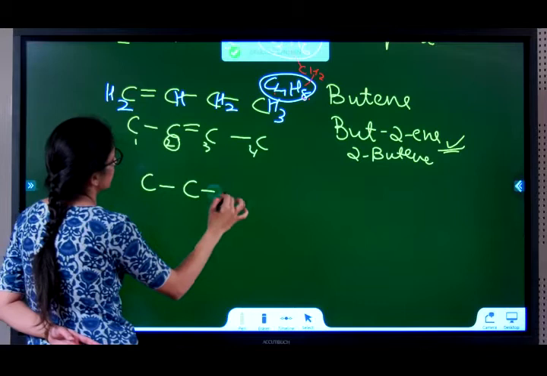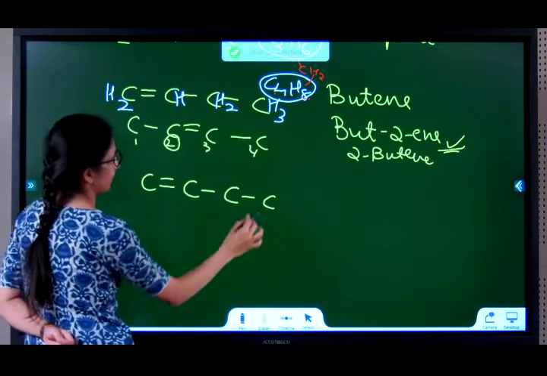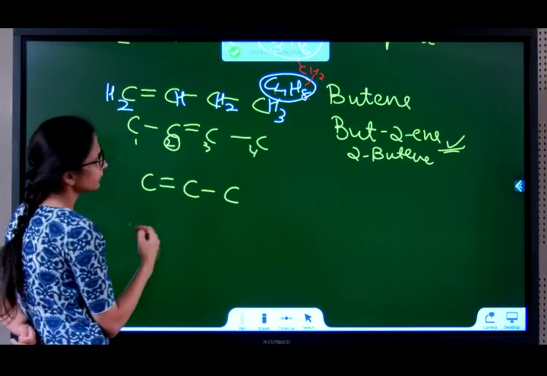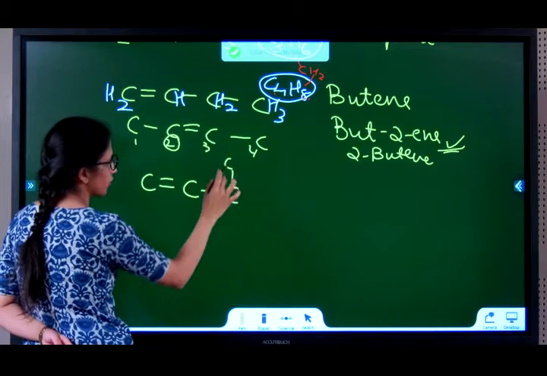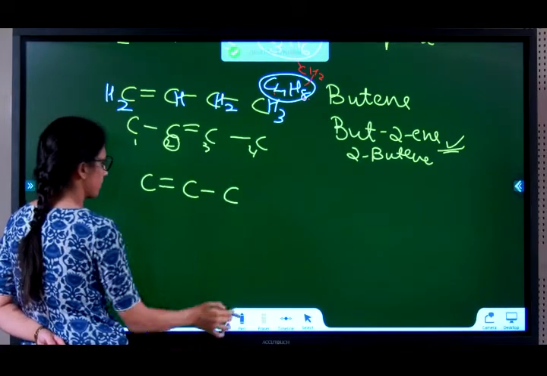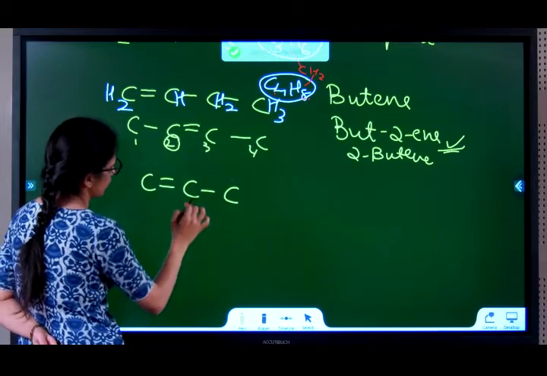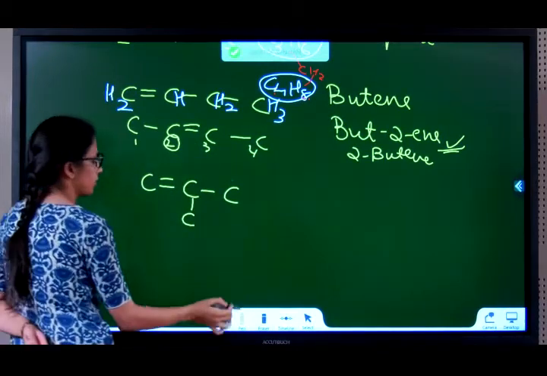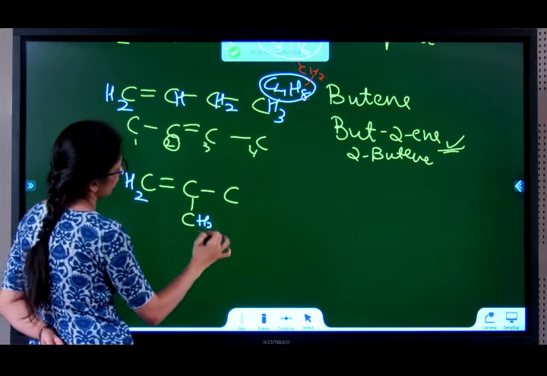Now, take the first isomer and now play with that. So, remove one carbon and place it anywhere. If I place it here, it's no use, it comes back to the straight chain. So, now I am going to place it here. Let's place it down because there's no space.